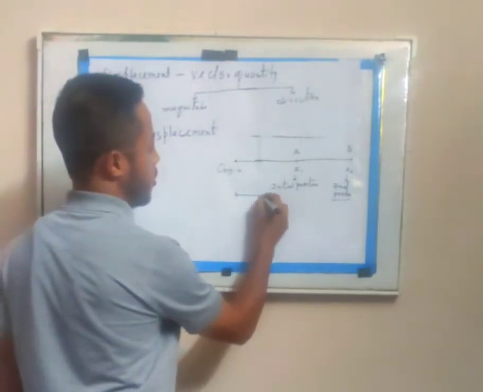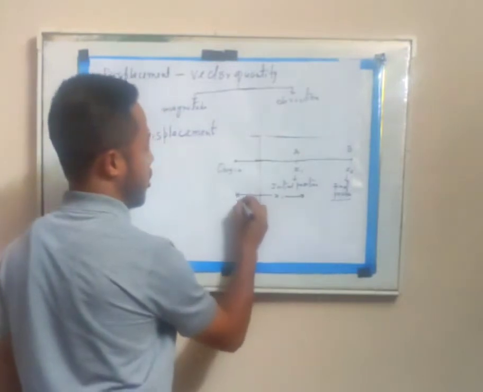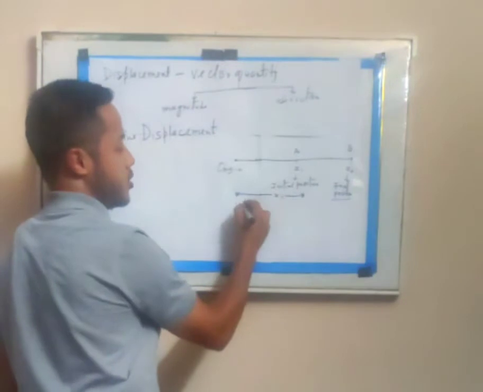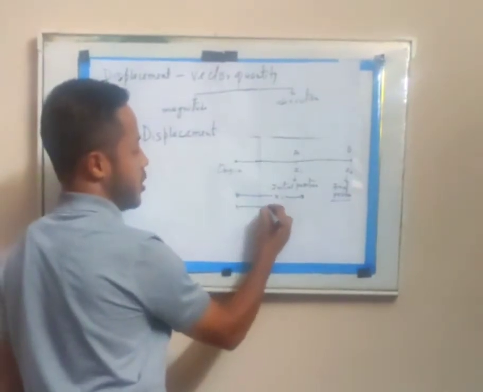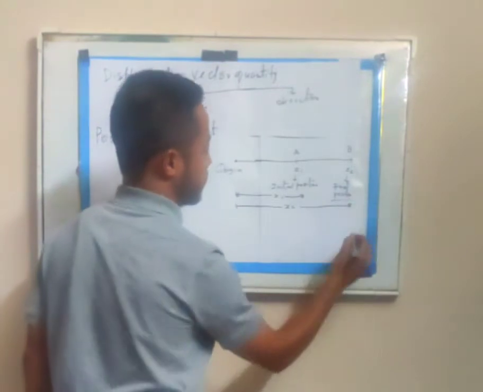From the origin, this length is x1, and the distance of B from the origin is this length, x2.